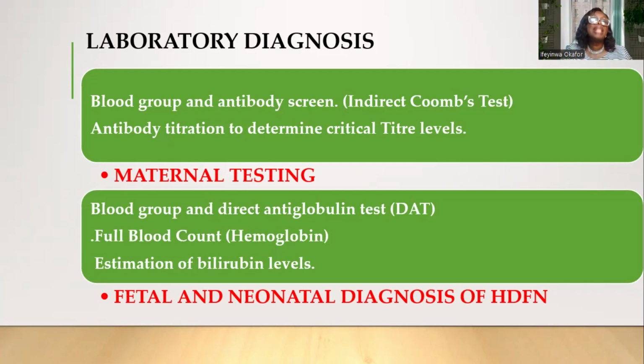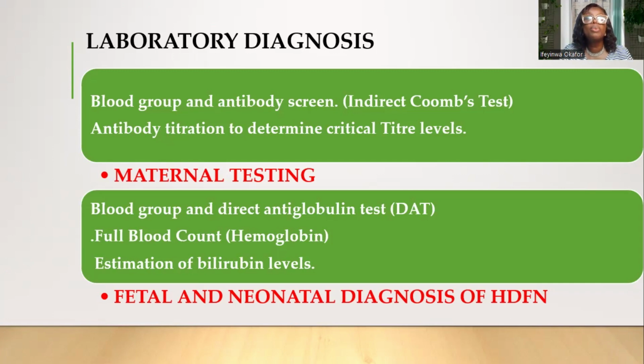Now, when the antibody is identified in the mother, then there is need for us to know the concentration of the antibody. And that leads us to what we call antibody titration. The antibody titration is to determine the critical titer level of the antibody found in the mother. Remember that I have just mentioned the critical antibody levels for different antibodies like anti-D, anti-K, and all that. So you need to know so that you will know whether the baby in the womb is at risk or not.